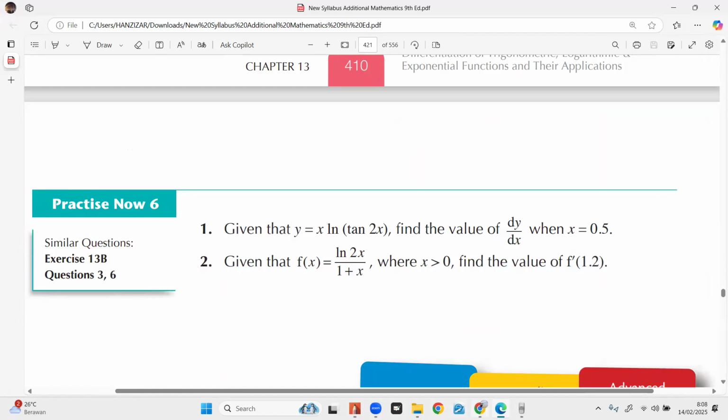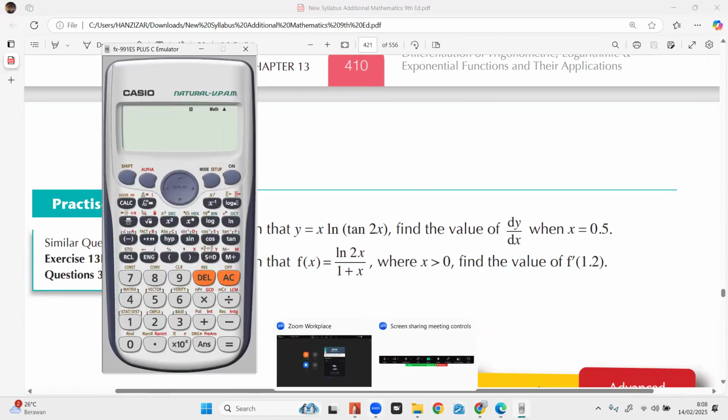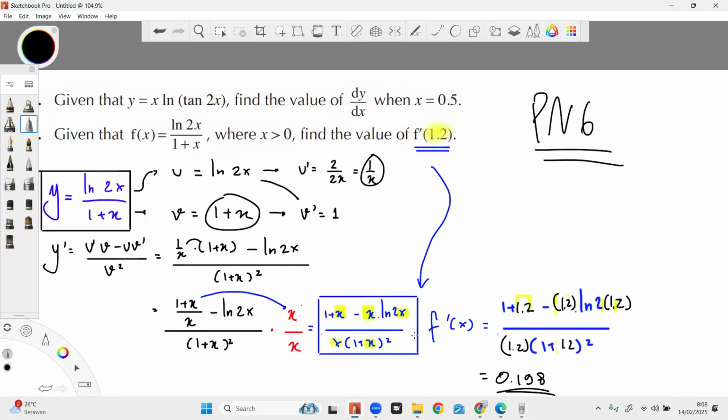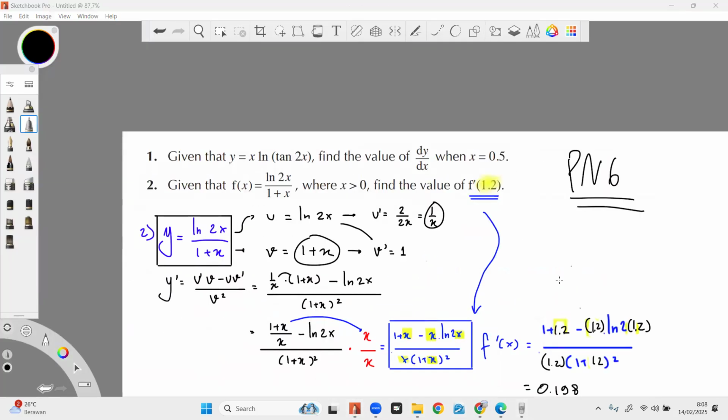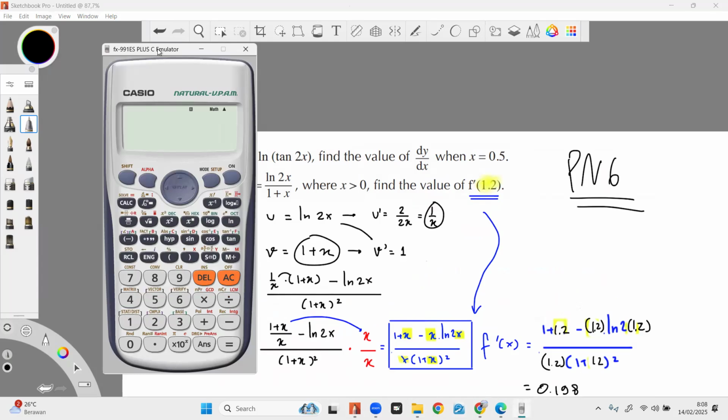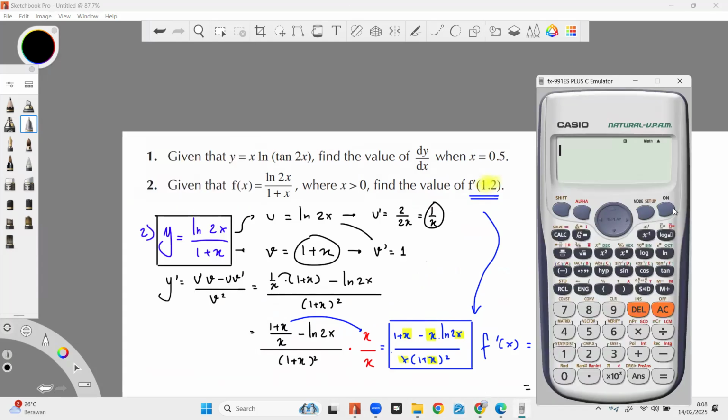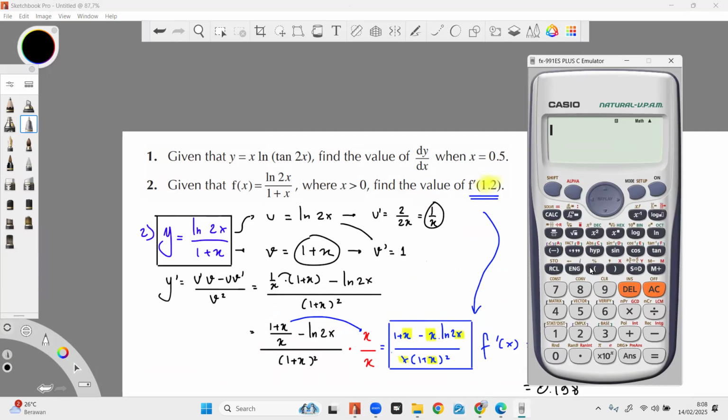Right, okay, thanks. So actually, I will give you the cheat. I'll show you how to do it with your calculator. I have this calculator, just use mine. Actually, there are some more advanced calculators. Here: d/dx, shift this, fraction, ln 2x.